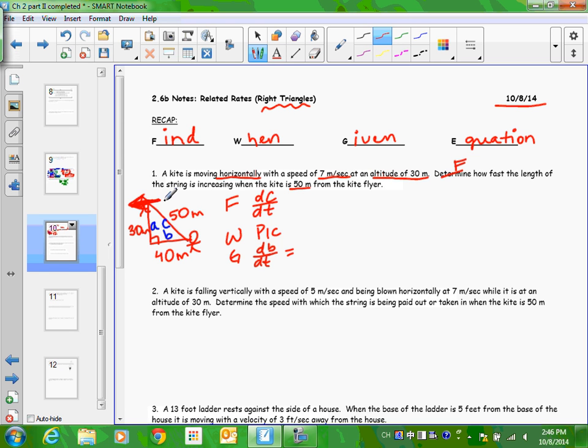I write an arrow here, away from the kite flyer, okay? So B is getting bigger, so dB should be positive. Now, you may have already just assumed that, and that worked out fine in this case. Okay, if B was getting smaller, then this would need to be a negative speed. You know how like when you're driving in a car or you're like in physics, you're going in opposite direction, that's a negative velocity? It's the same situation here.